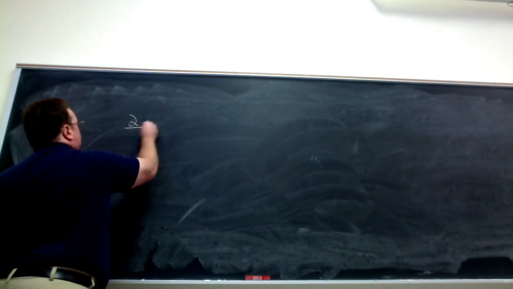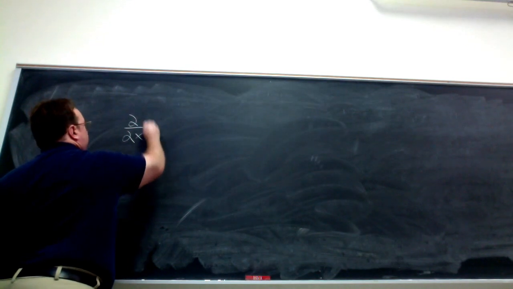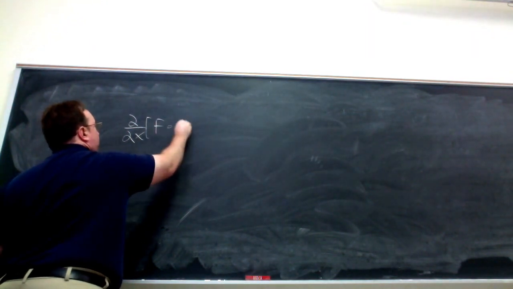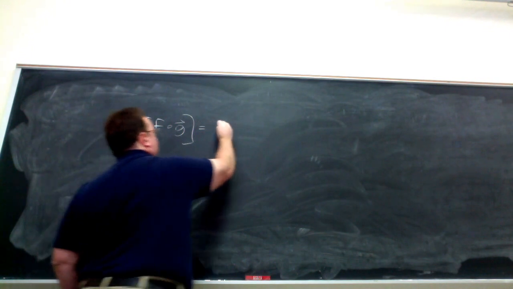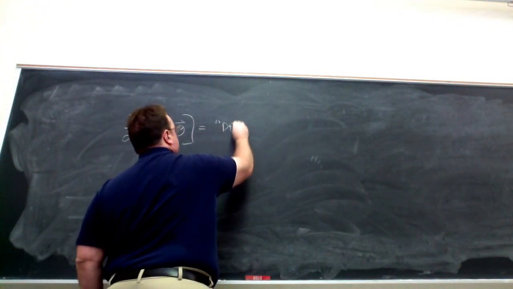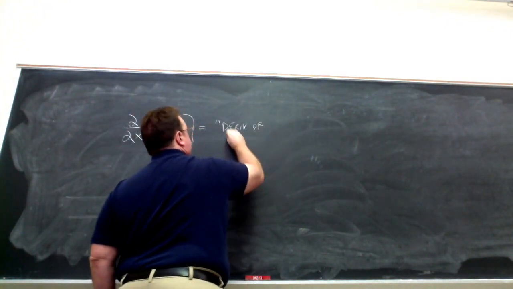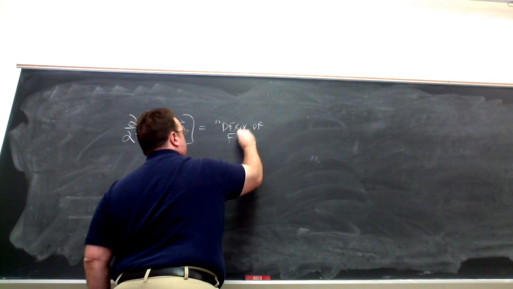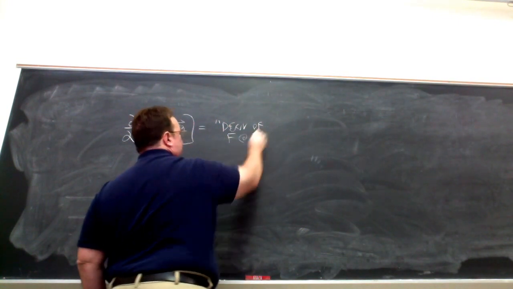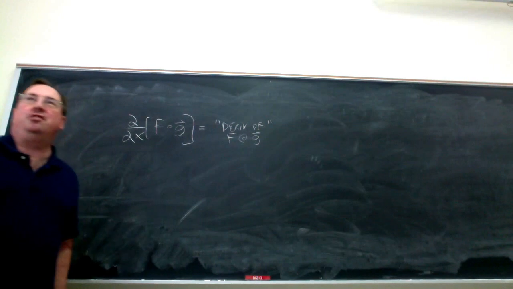So, the derivative with respect to x of f composed with g is, and I'll write this in words first, the derivative of f evaluated at g, which is how you remember the chain rule from Calculus 1.